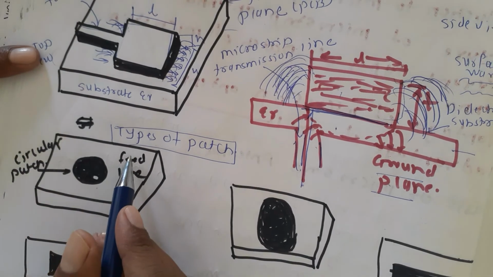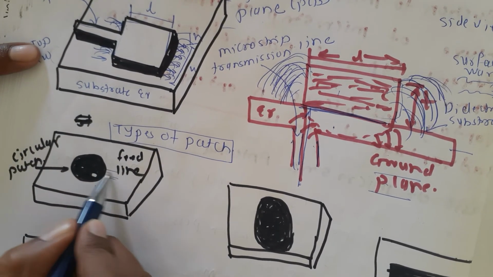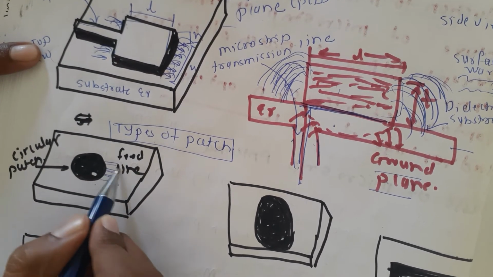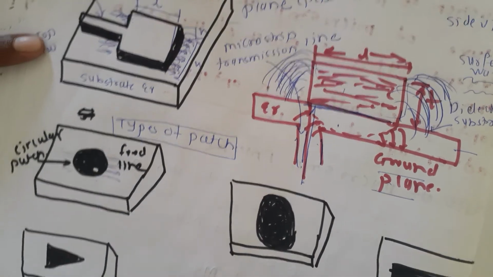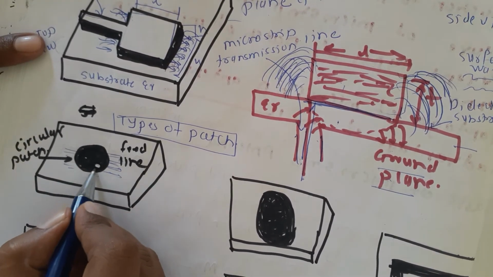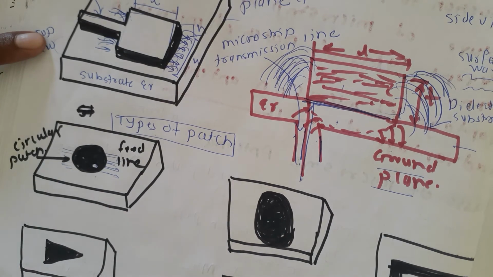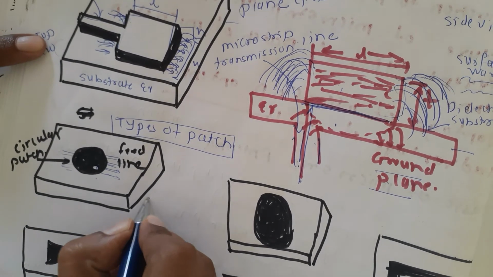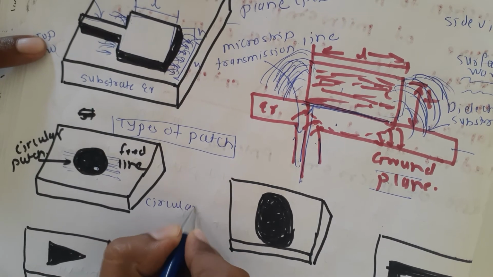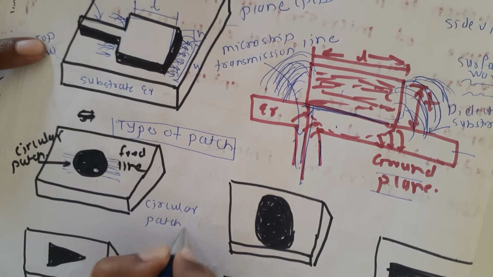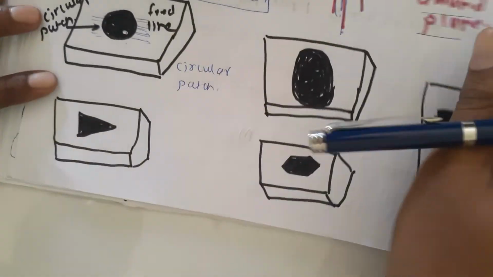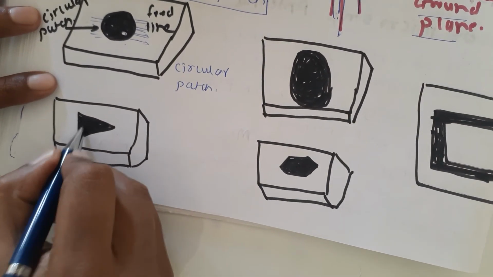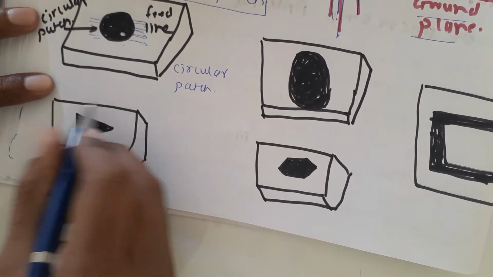So here these are the field lines, and this type of radiation will occur. Here we have connected the microstrip transmission line or the feed line. So here we will call this one a circular patch. For this, it is a ground plane.